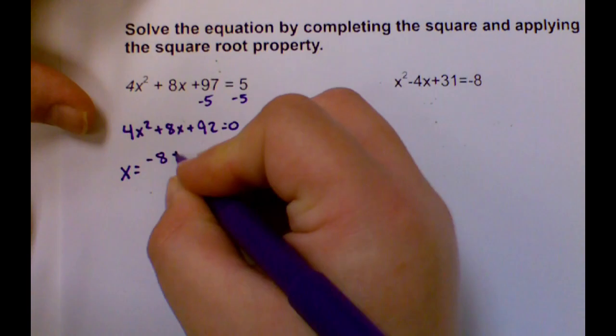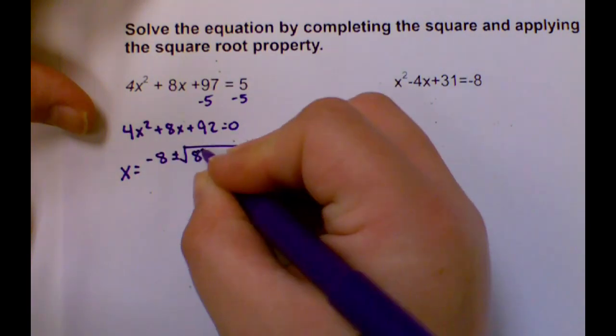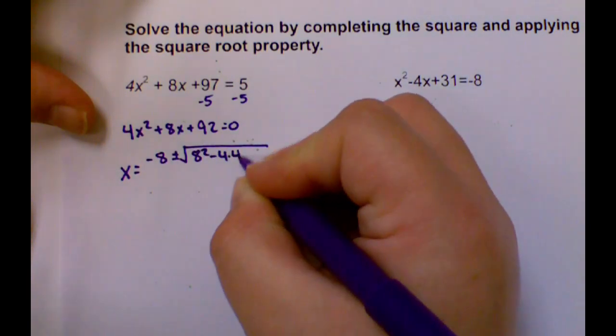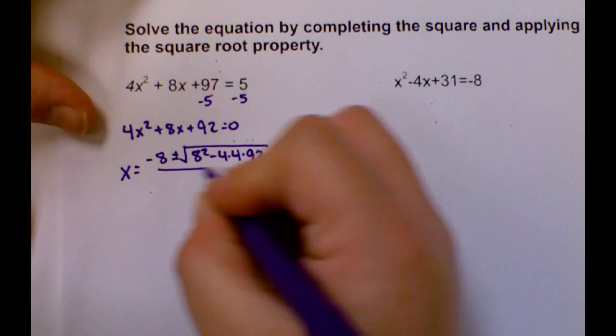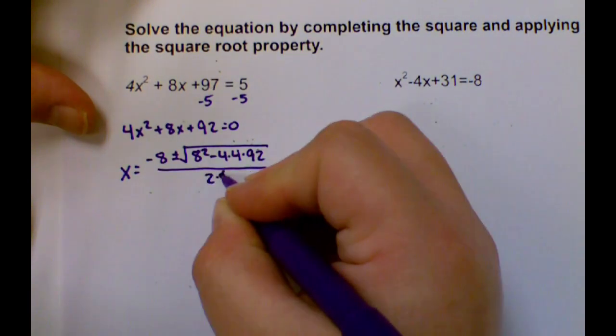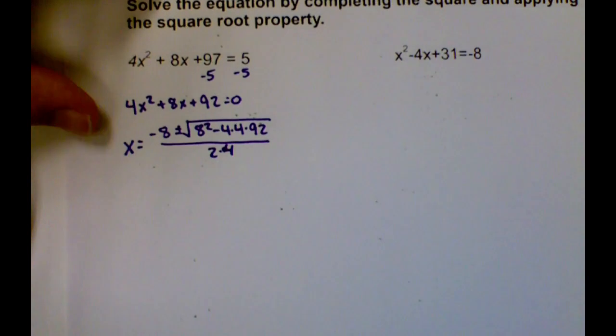Negative b plus or minus the square root of b squared minus 4 times a, which is 4, times c, which is 92, all over 2 times a, which is 4.